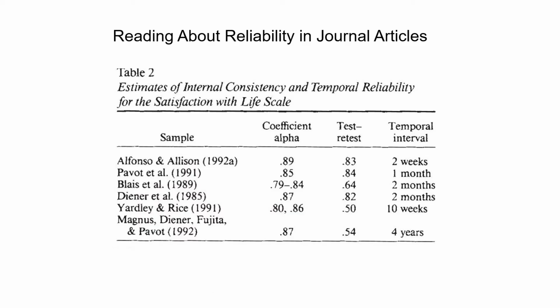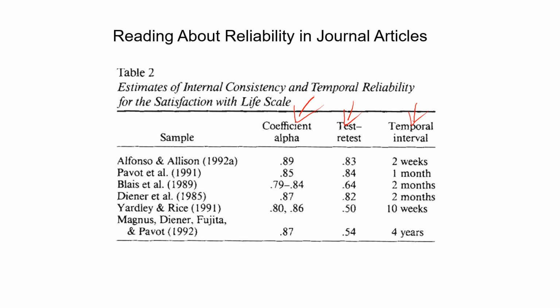Here's another example, reading about reliability in journal articles. Estimating the internal consistency, looking at coefficient alpha and test retest. And for test retest they give the temporal interval too, so you can see how test retest reliability changes over time.